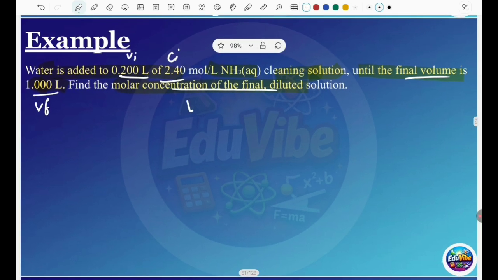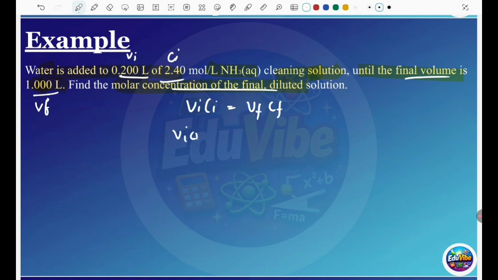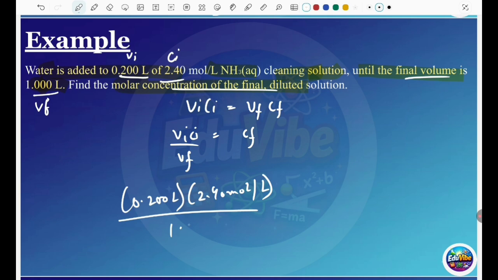The formula we know is Vi Ci equals Vf Cf. So Vi Ci upon Vf is equal to Cf. So 0.200 liters, Ci is 2.40 moles per liter, and Vf is 1.000 liters, which is equal to Cf.